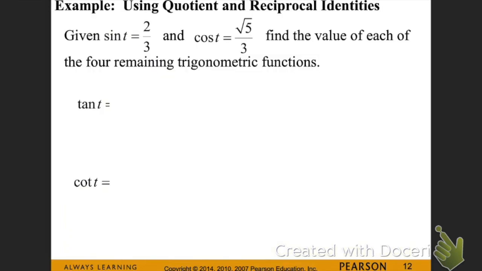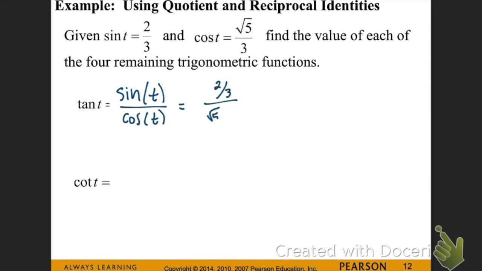Let's apply some of these quotient and reciprocal rules. So we're given that sine of t is equal to 2/3 and cosine of t is equal to square root 5 over 3. So for tangent, we know that that's just sine divided by cosine. So we're going to fill in what they're equal to.